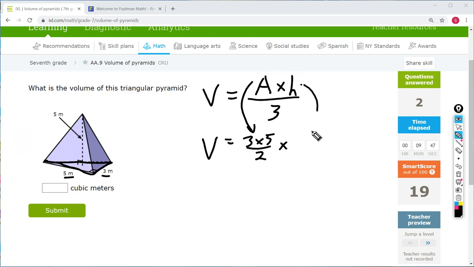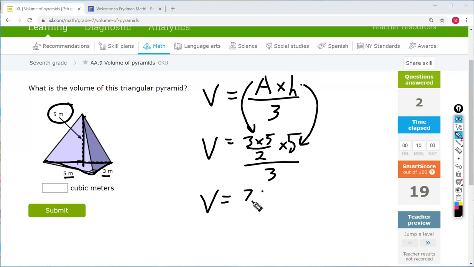Now we're going to multiply that by the height, which is 5, and we're going to divide all of that by 3. So the volume, this is what we had before. 3 times 5 is 15, divided by 2 is 7.5.